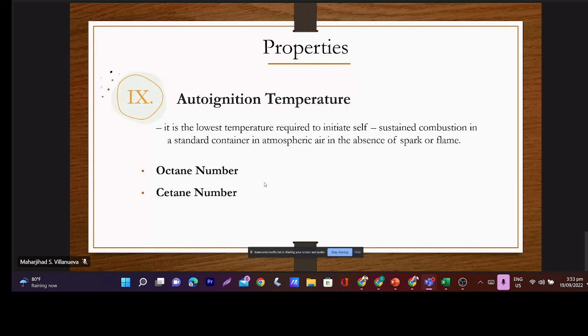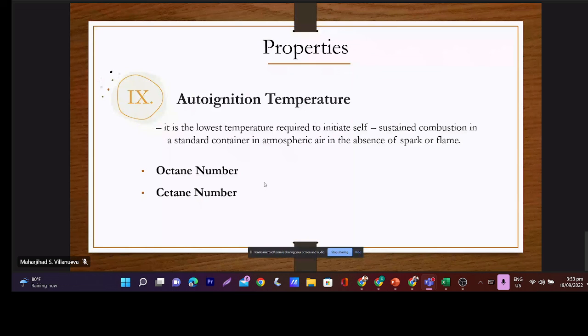So due to the various factors affecting the determination of the auto-ignition temperature, octane and cetane number are used. So una po is yung octane number. In simple terms, it is the measure of the performance of a fuel. So tinatawag din po itong anti-knock rate of fuel. When fuel is used in an engine, the engine may generate a knocking effect.